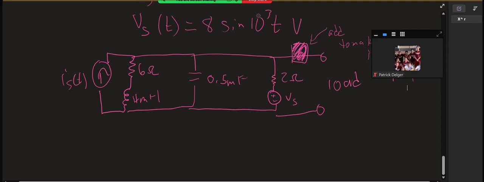All right, so in order to do that, we need to find out what our impedance is right now.